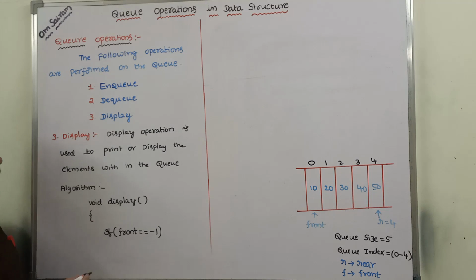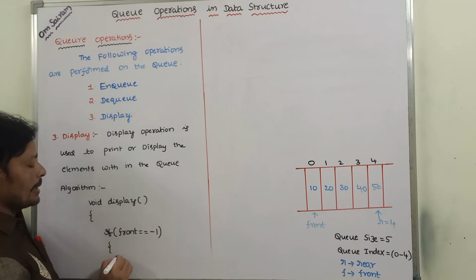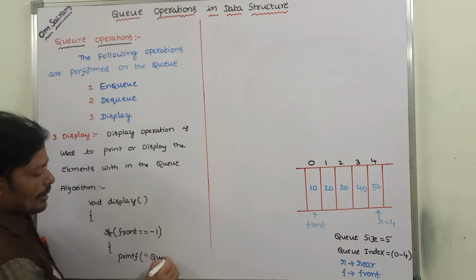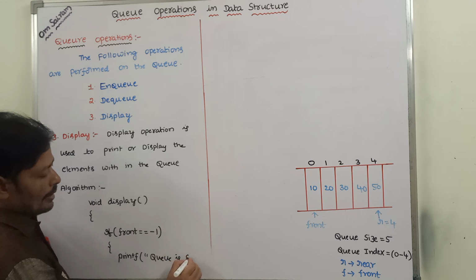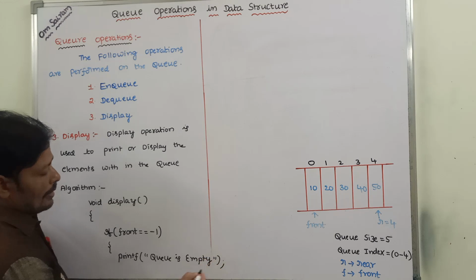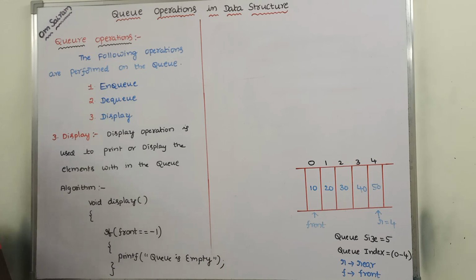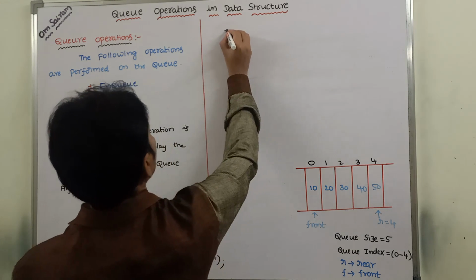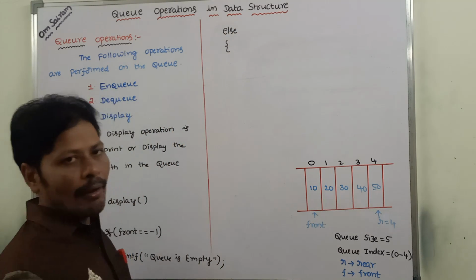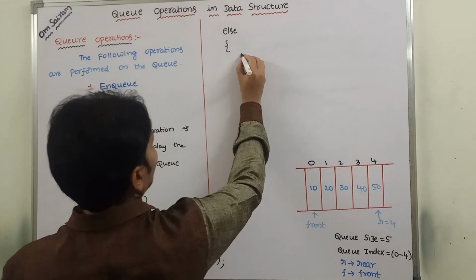If the front equal to -1, we can say that printf queue is empty. Suppose if front equal to -1 condition is false, then go to the else part. In the else part, we have to display all the elements within the queue.